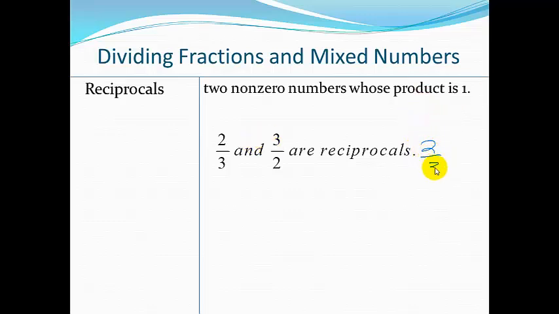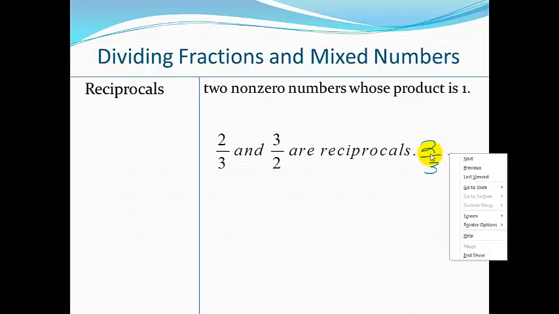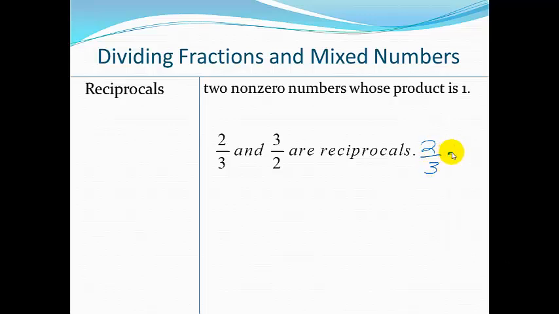So 2/3 times 3/2. 2 times 3 is 6. I'm running out of room. 3 times 2 is 6. 6 divided by 6 is 1. So those are reciprocals.